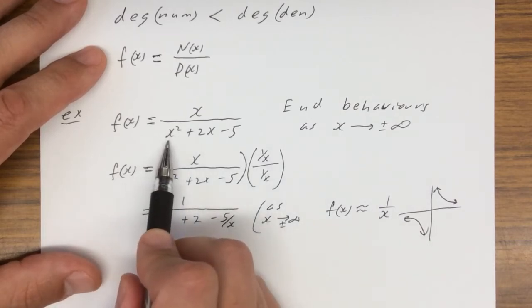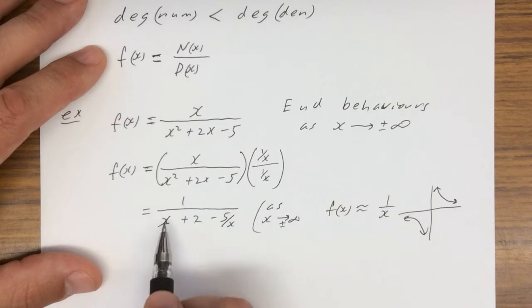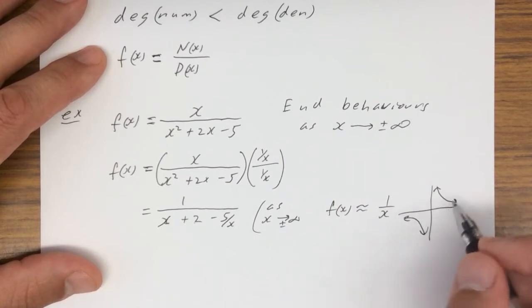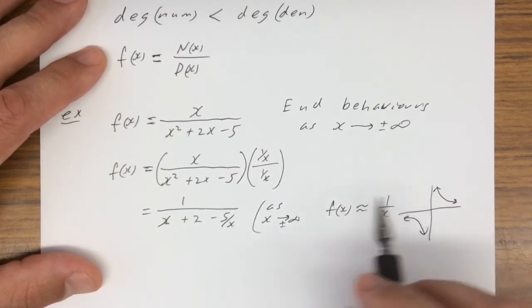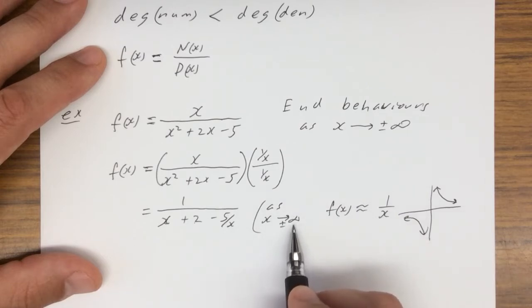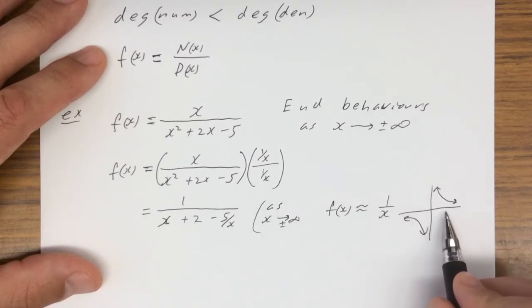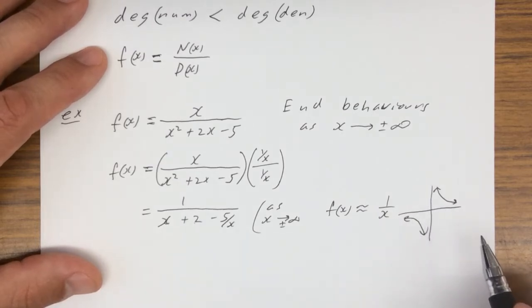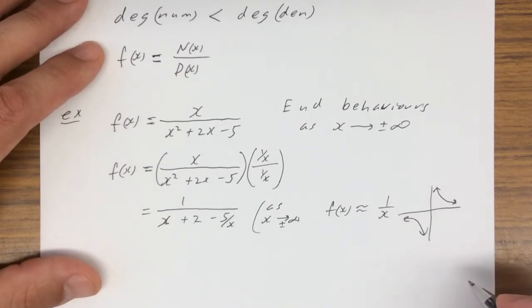If that was a cubic on the bottom, then this would be squared and you'd have 1 over x squared, and the end behaviors of that are fairly similar. So you can tell that as x goes to infinity or negative infinity, the function tends towards the x-axis, and the x-axis is a horizontal asymptote.